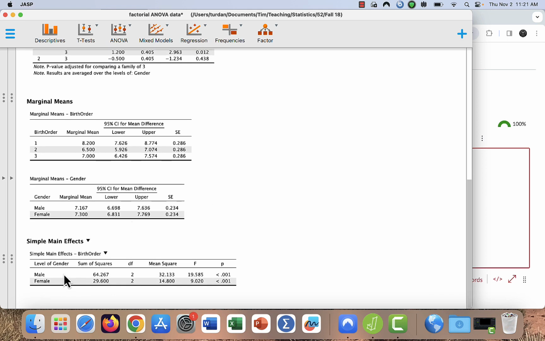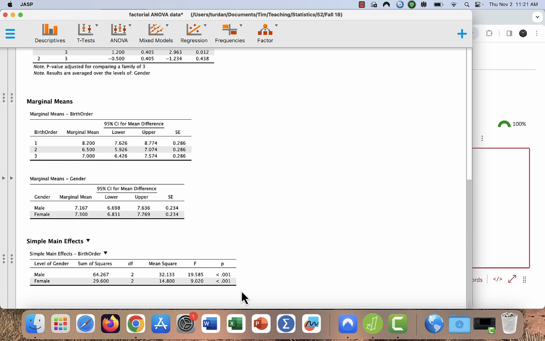Simple main effects. So what we see here is that males, just looking at males, across the three birth order groups are significantly different from each other. And females across the three groups are also significantly different from each other.